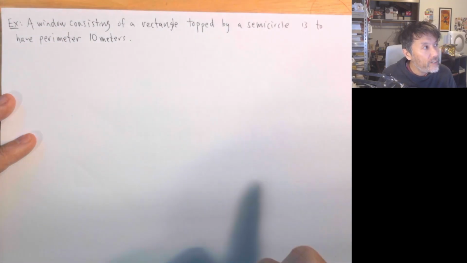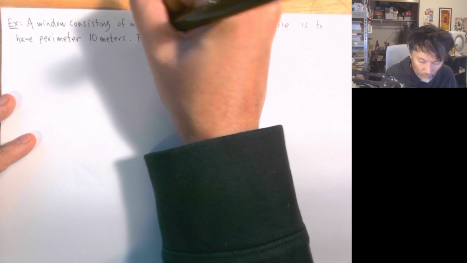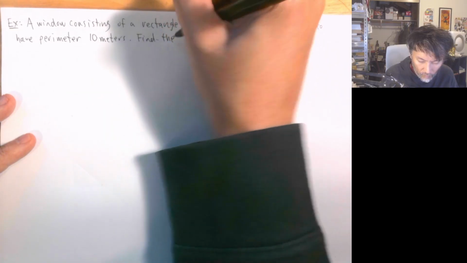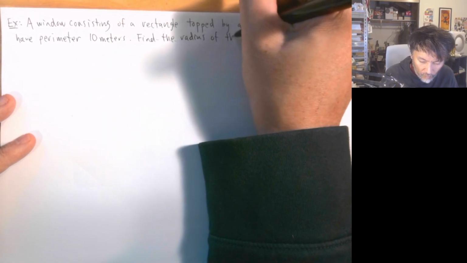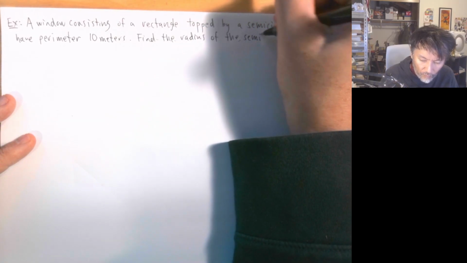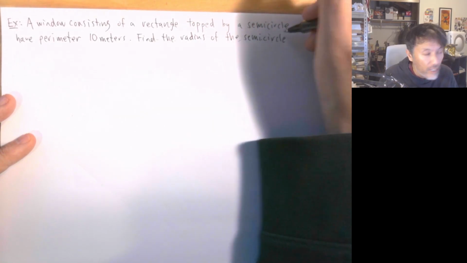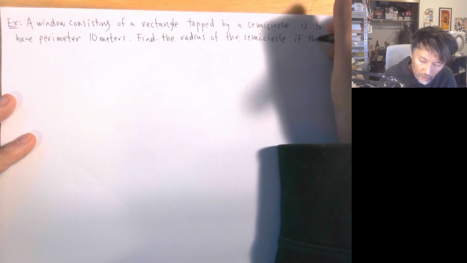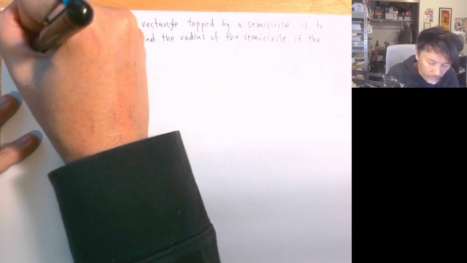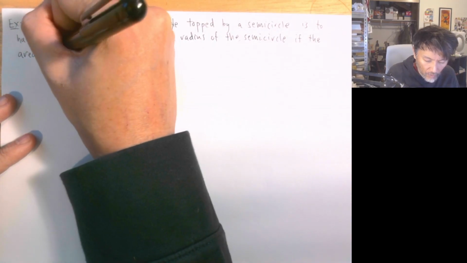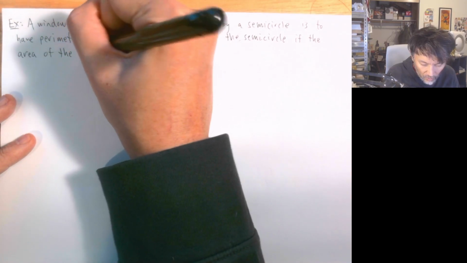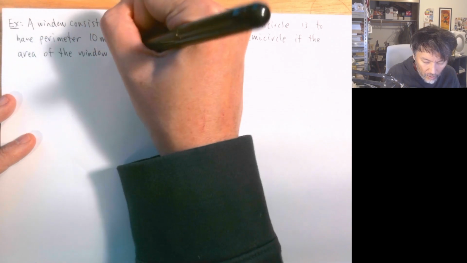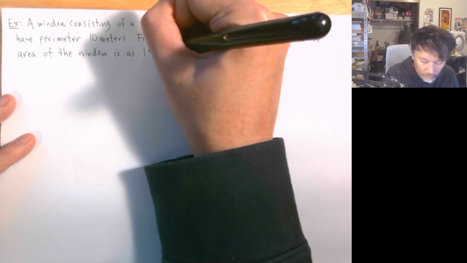Find the radius of the semicircle if the area of the window is as large as possible.